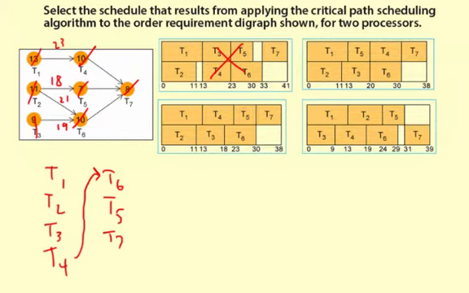And notice task 5 was starting after task 6, so task 6 was prioritized before 5, and then 7 starts after everything else is finished. This one does follow both the digraph rules and the priority list rules because task 6 was started before task 5. So this one actually works.